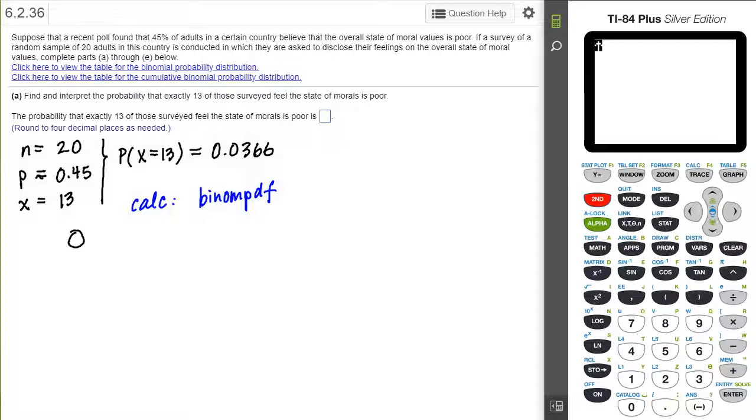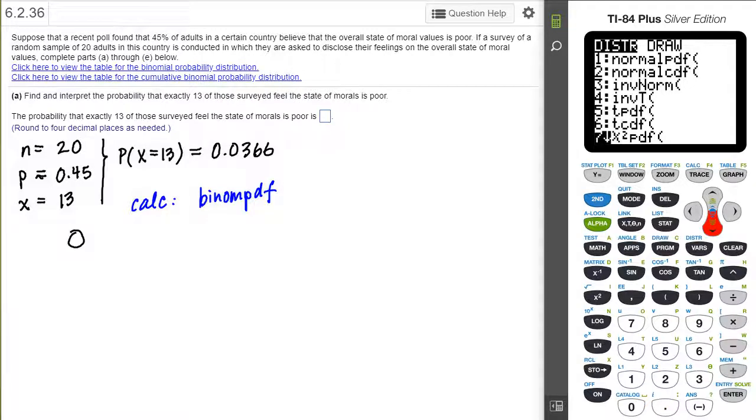That's in the distribution menu, second variables, accesses distributions. We'll use normal in the next chapter. In this chapter, we are in binomial. There are two: PDF for exact, CDF for cumulative or less than or equal to.